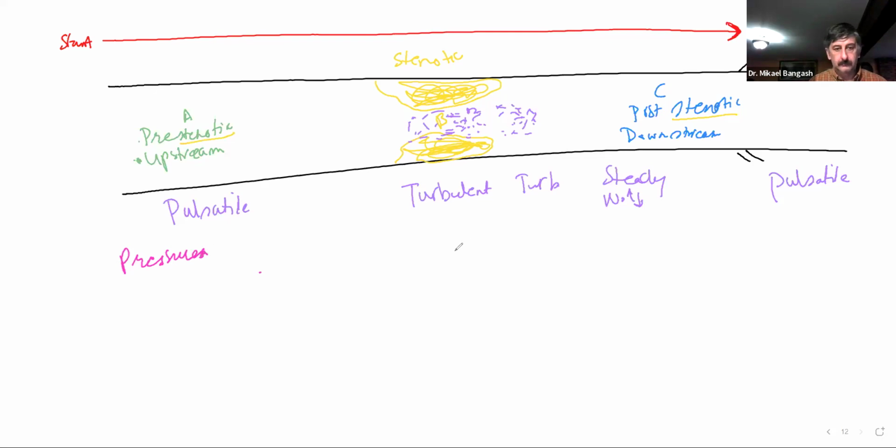In the area where there's going to be the pulsatile flow, that's where we will have the highest pressure.